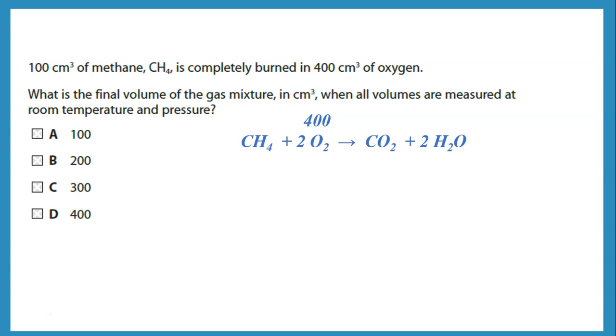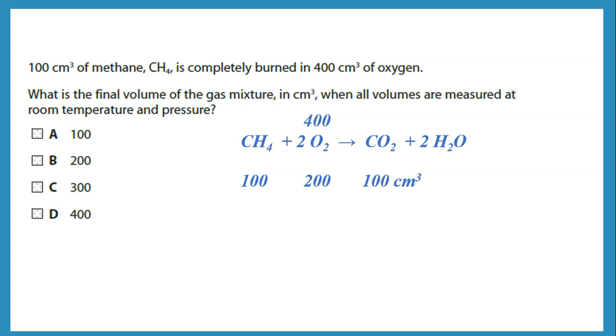So if we're told that we have 400 centimeter cubed of oxygen, and I'm starting with 100 centimeter cubed of methane, according to the balanced equation for combustion, 1 mole of methane reacts with 2 moles of oxygen. That means 100 centimeter cubed of methane will need only 200, not 400.